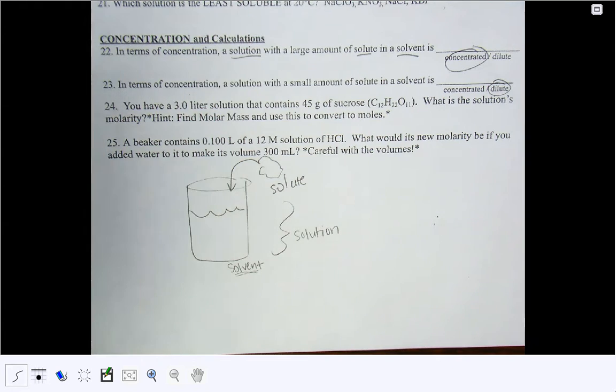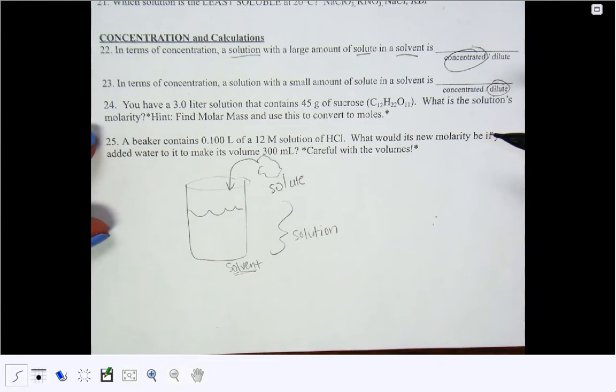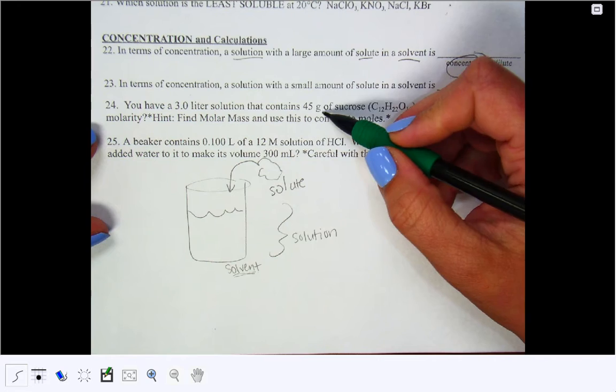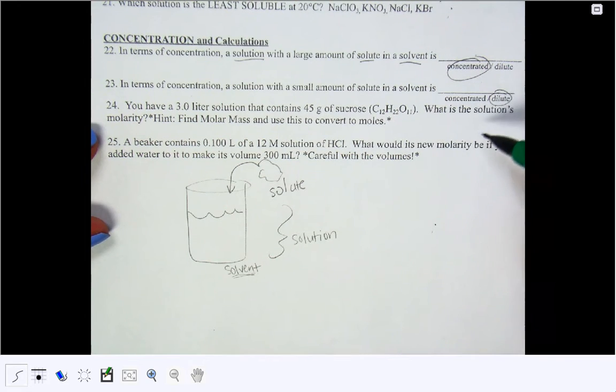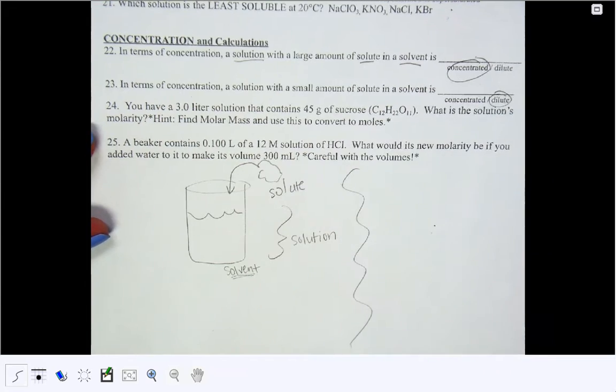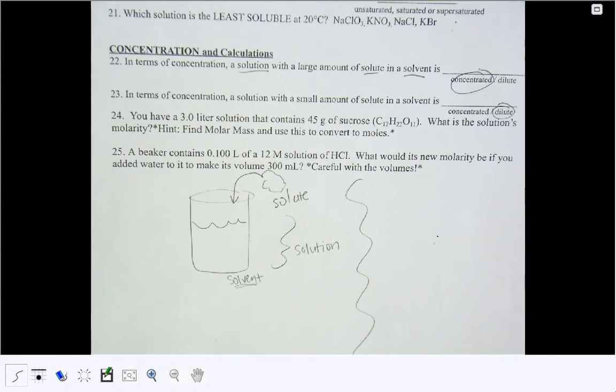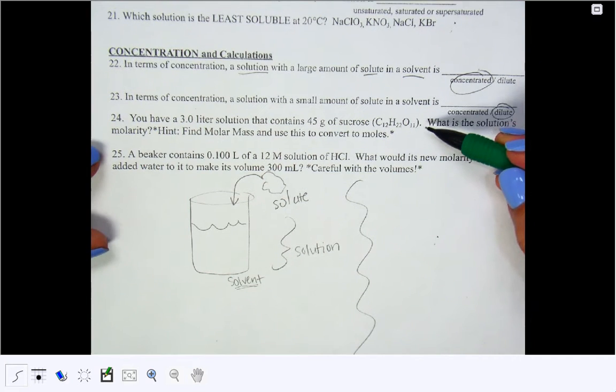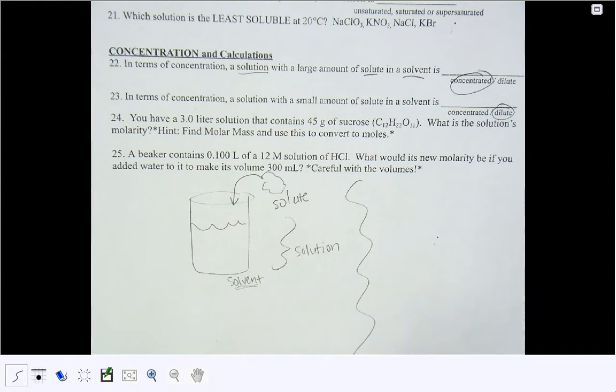Number 24 said, if you have a 3-liter solution that contains 45 grams of sucrose, what is the solution's molarity? So when you're doing this one, there is going to be one question like this on the test. This is the one where we had to do an extra step, all right? But I do provide you with the molar mass, which is a good thing.